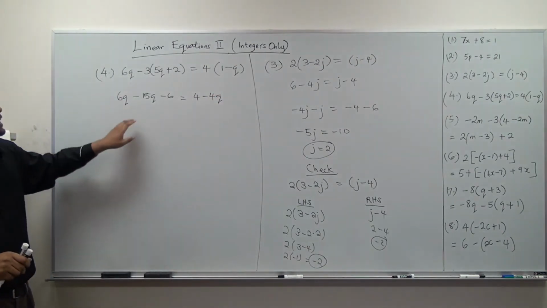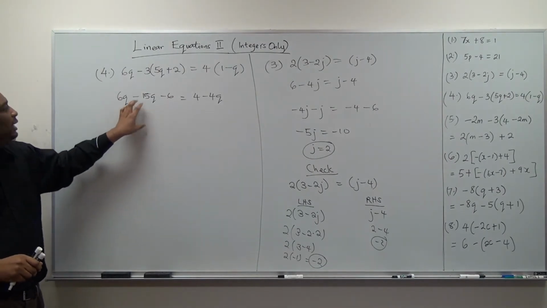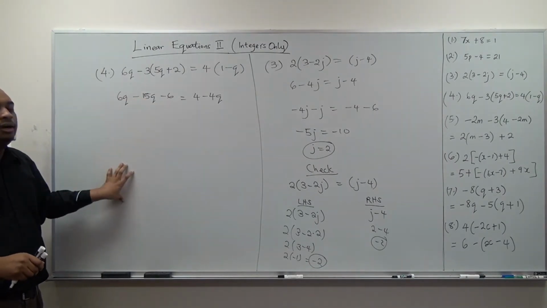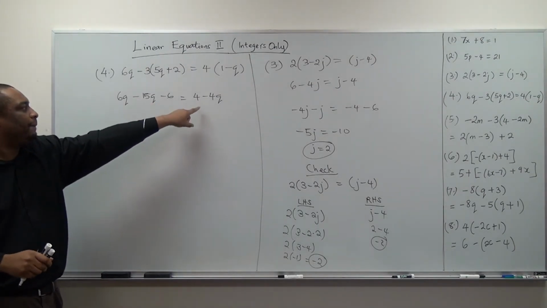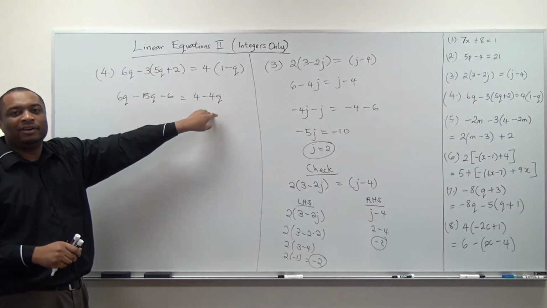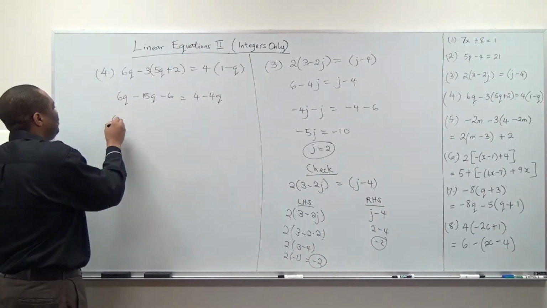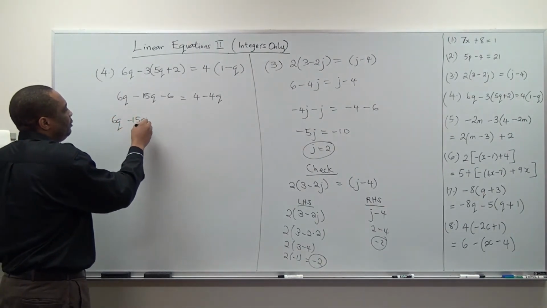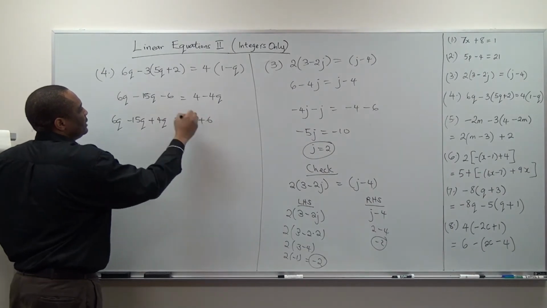So, 6q is good on the left, negative 15q is good on the left, now negative 6 is a constant, should go to the right. And then negative 4q is on the right, so it has to come to the left. So this is 6q minus 15q plus 4q equal to 4 plus 6.